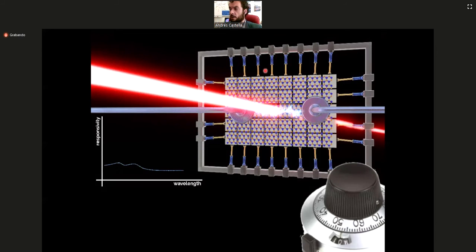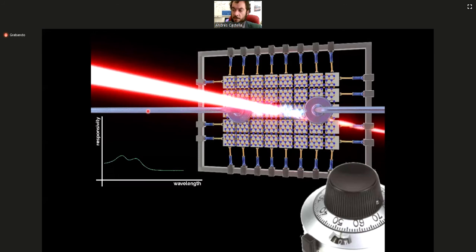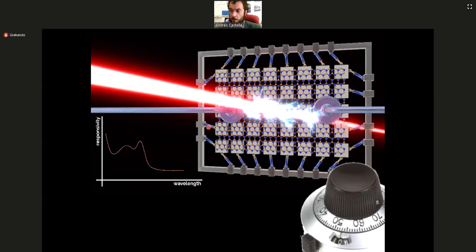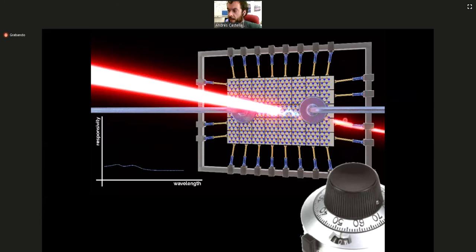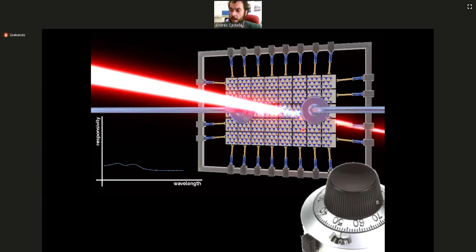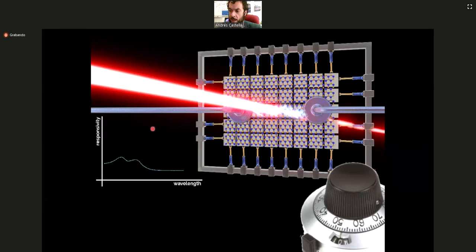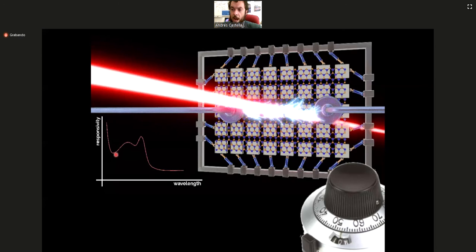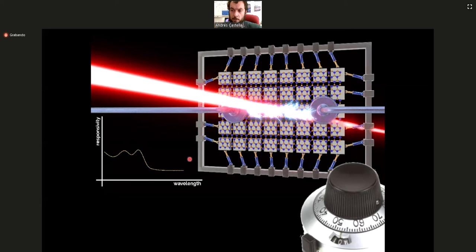You can see here an artist's impression of what we want to do. We want to apply a mechanical deformation to the lattice, and use that deformation to tune the output characteristics of our photodetectors.